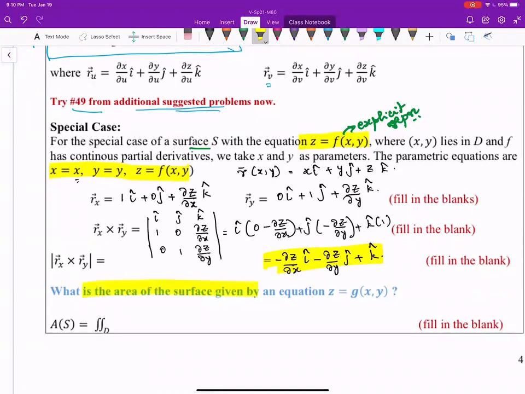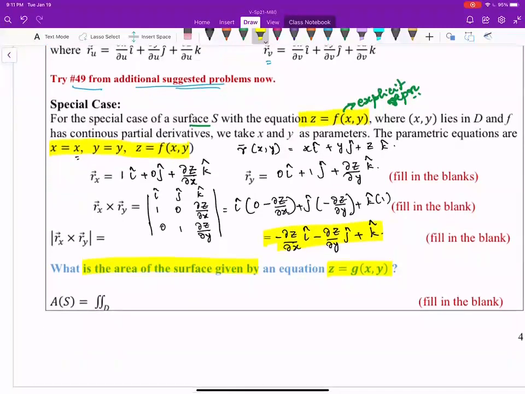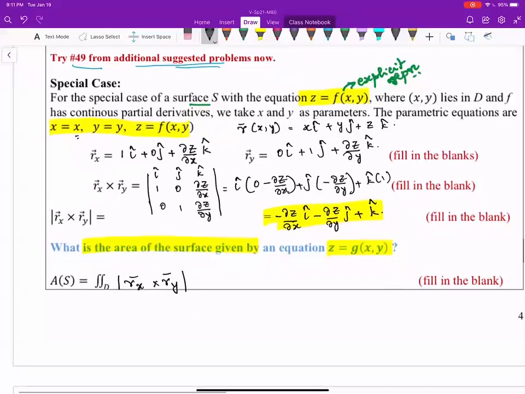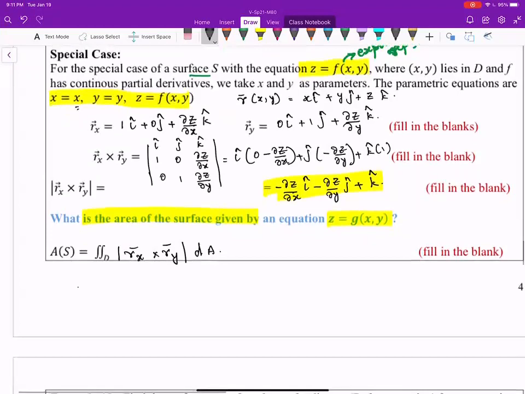So now if you write the area of the surface given by this equation z equal to g of x, y, then it becomes A of S equal to double integral over the domain D of the absolute value of Rx cross Ry, or length of Rx cross Ry, dA, where dA is a parametric area.